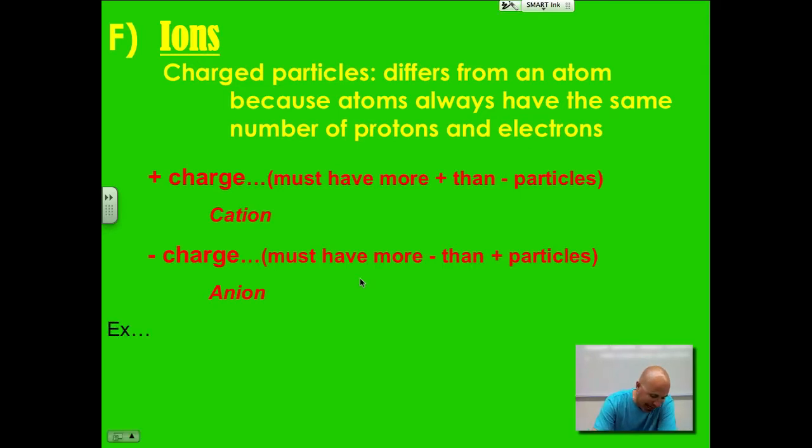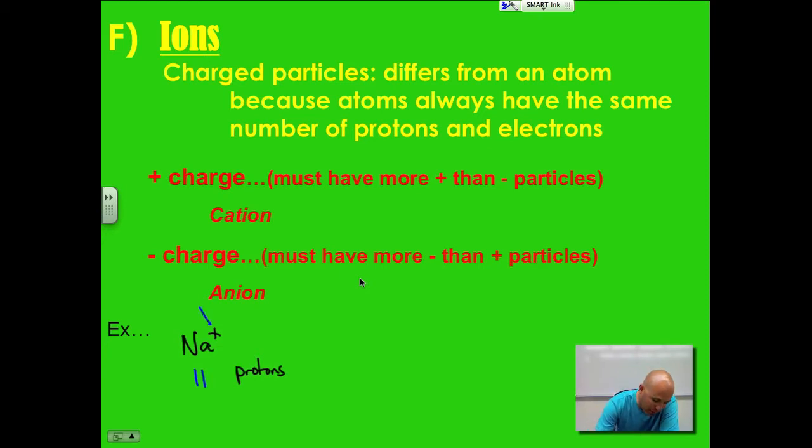Again, let's say we have sodium with a plus charge. Sodium always has, if I write underneath here, protons, is going to have 11 protons. Why? Because it's sodium. You look up Na on the periodic table, which you'll always have on my wall. Sodium has 11 protons.